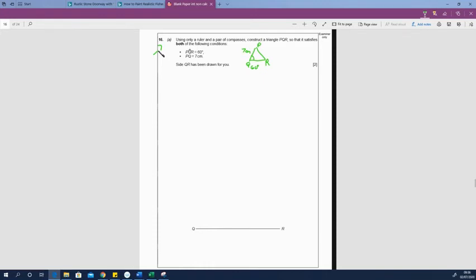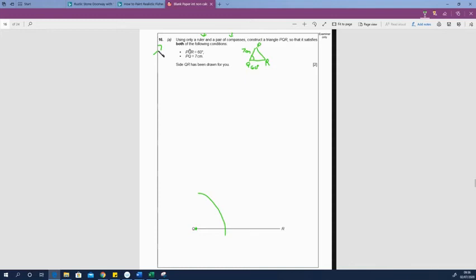So you have to use a ruler and a set of compasses to first of all construct an angle of 60 degrees. Using your compasses, you put the point of your compass here and draw an arc that crosses the line PQ.